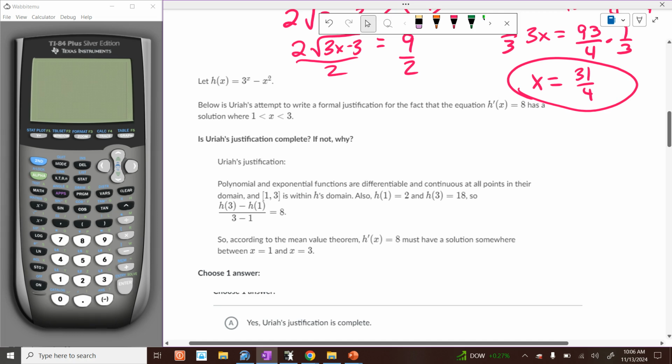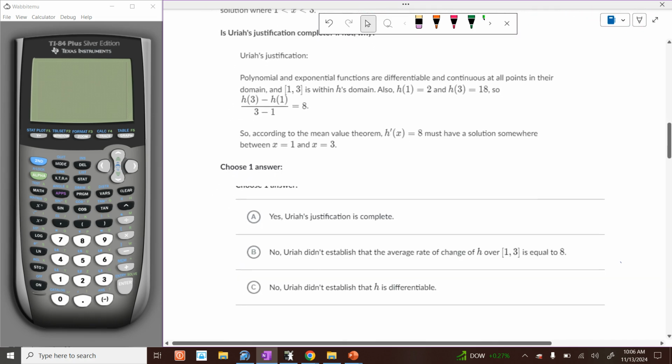So his justification is he found (h(3) − h(1)) over (3 − 1), which is 8. Because if you plug it in there, you get 8. So according to the mean value theorem, the first derivative should equal 8, and it must have a solution somewhere in between 1 and 3.